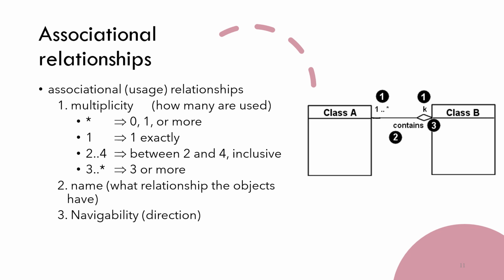Next is an association relationship. So we call it an association. Okay, we have multiplicity, how many are used, and then we have the name of the association, and also the navigability, the direction. So this is how class A is associated with class B. So we have multiplicity. These are the various options we have.